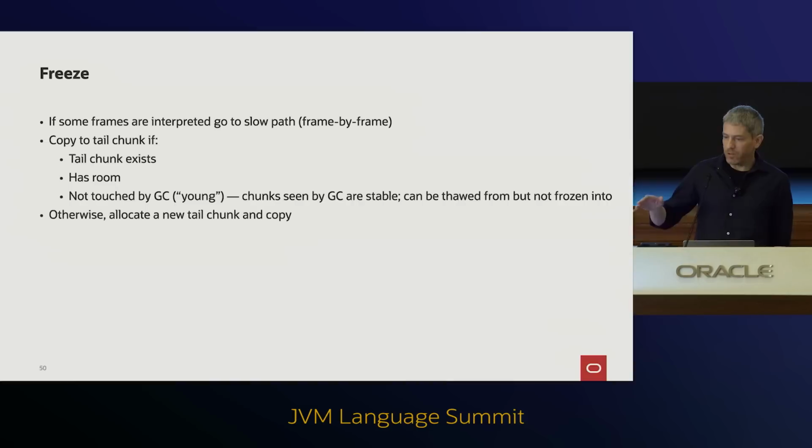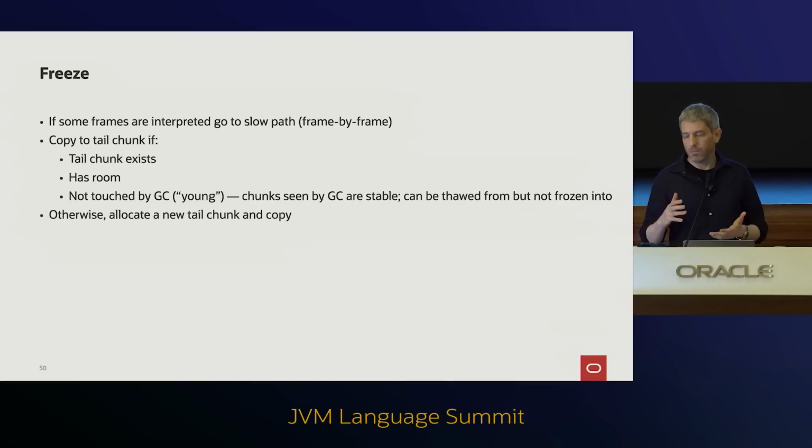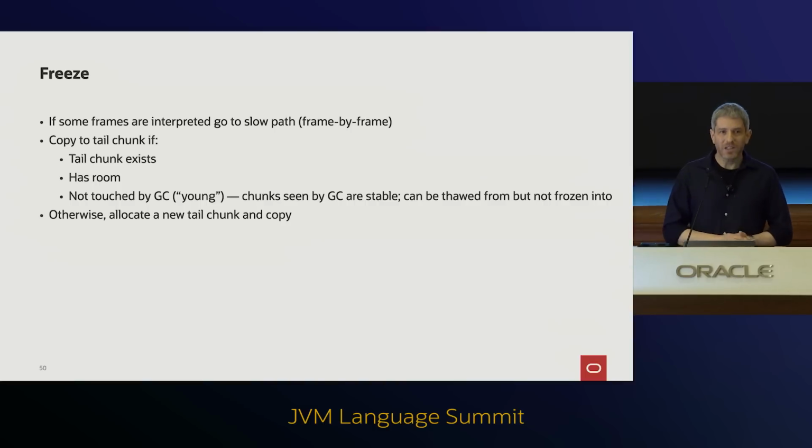First, I didn't talk about interpreted frames. We need to do some special stuff. We need to patch them in some way. But after a while, frames get compiled. So we have a very fast way, in O(1): we have a flag on the thread, whether any of the frames inside the continuation are interpreted. If they are, we go to the slow path and we do frame by frame. But otherwise, and this is the common case, we just take all the frames we need to copy.